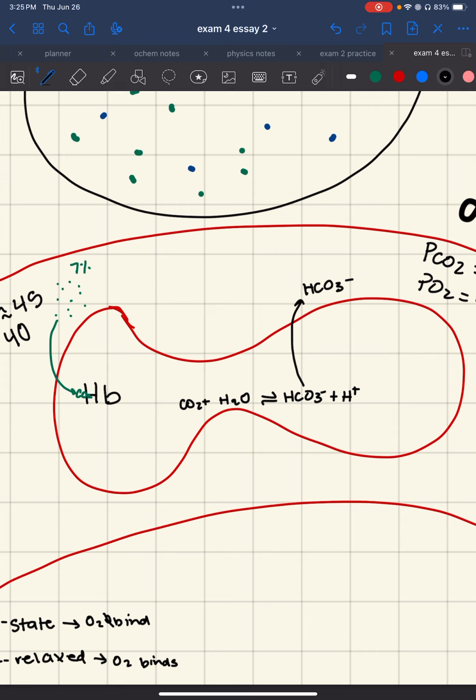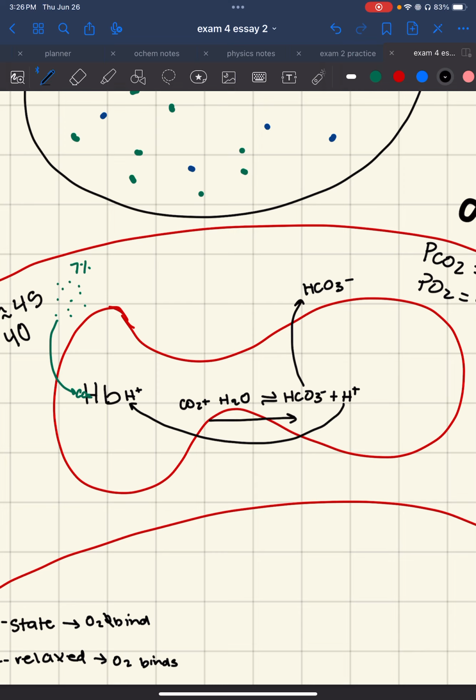But another interesting thing that happens when we shift this equilibrium this way, when we have a great amount of CO2, is that this hydrogen right here will bind to hemoglobin as well. And hydrogen also decreases hemoglobin's affinity for oxygen. So when hydrogen is bound to hemoglobin, oxygen also unbinds. CO2 and hydrogen don't bind to the oxygen active sites on hemoglobin.